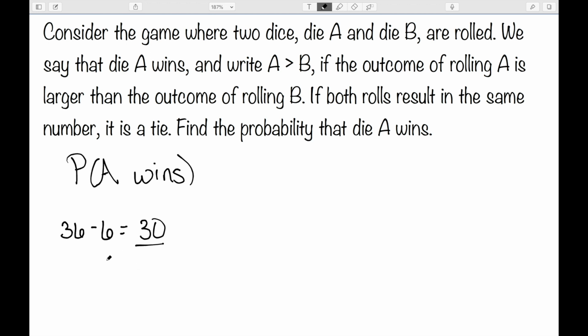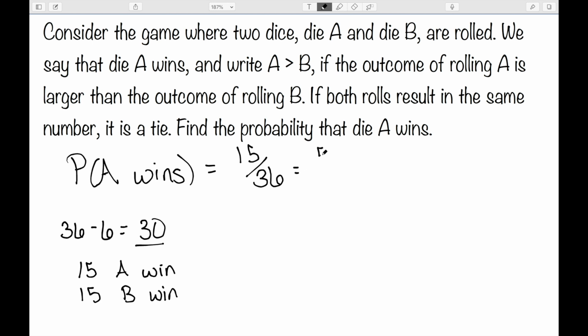And we should feel pretty comfortable to say that this is going to be split half and half. So 15 would have A win, and 15 would have B win, since we're splitting this right down the middle. So it'd be 15 over 36, or 5/12 for A to win.